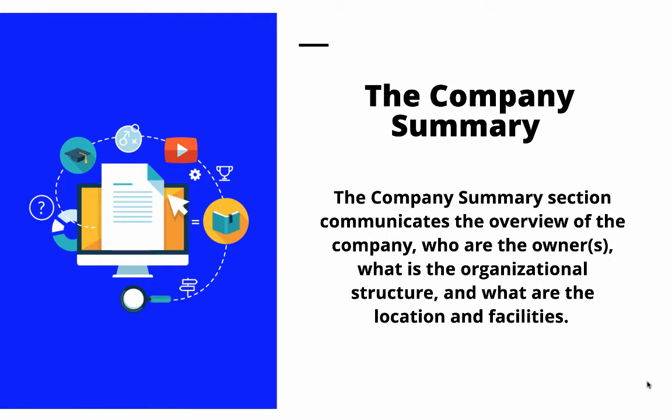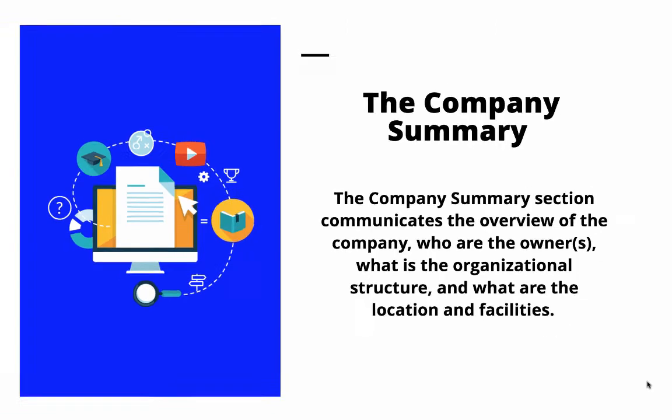When we look at this chapter, what we're doing is really communicating the overview of the company. Who are the owners? What is the organizational structure? And what are the location and facilities?